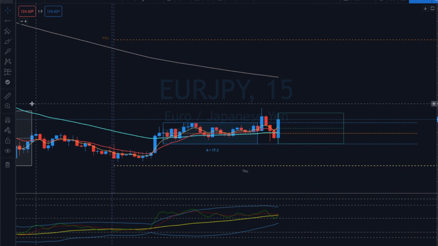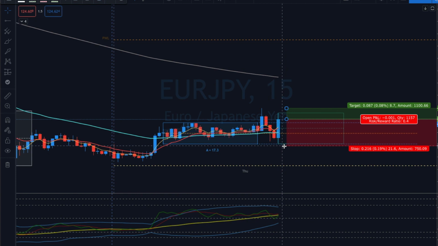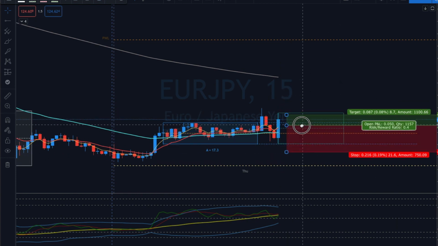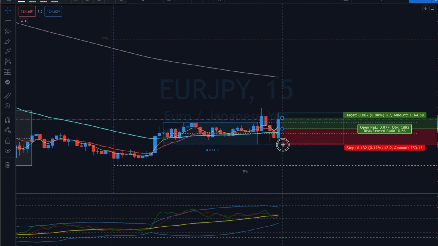Now, it's probably not going to be the best setup because the risk reward ratio is just not there. Right? The risk is way too big. It's 21 pips of risk. For me to get into this trade, I'd want the candle to retrace at least half. So now my stop loss is only 13 pips instead of 21.